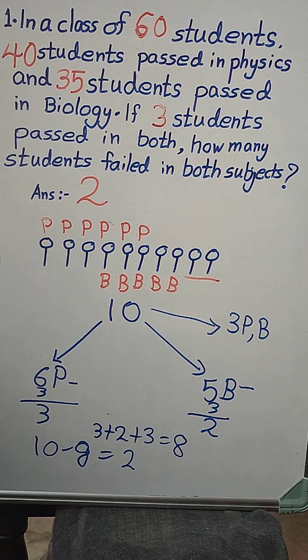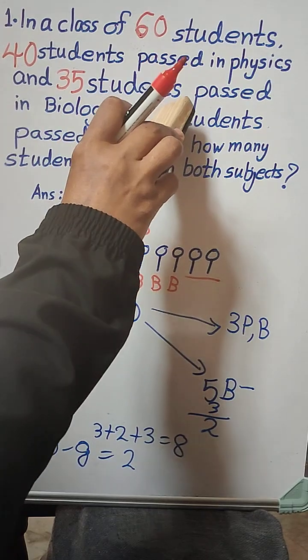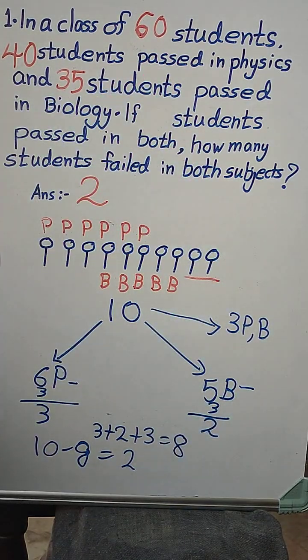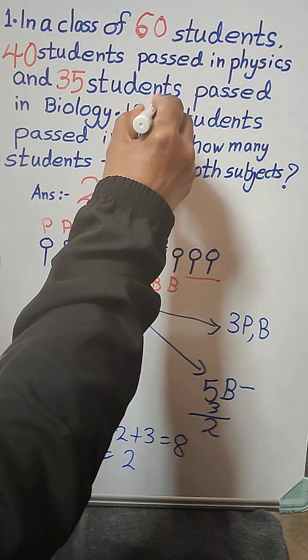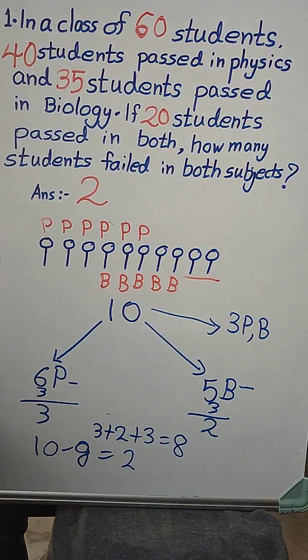If 20 students passed in both, how many students failed in both the subjects?